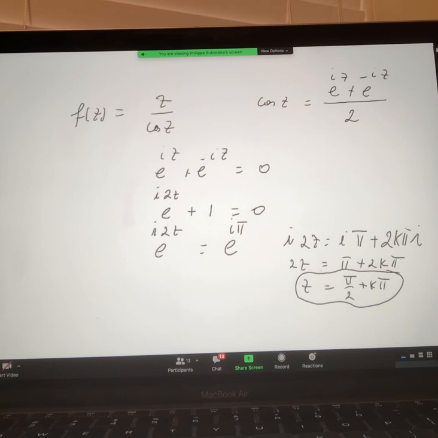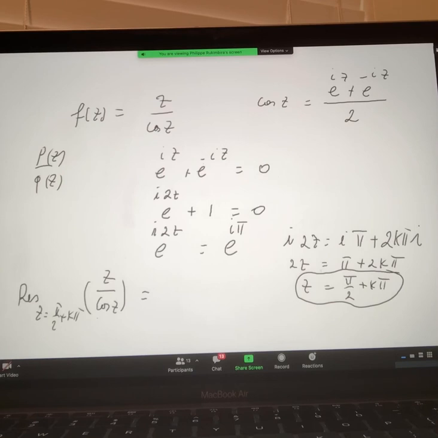So now we're going to use that formula I gave you, which I will prove next week, to find the residue of z over cosine z. This is of the type P of z over Q of z. You see P of z is non-zero.